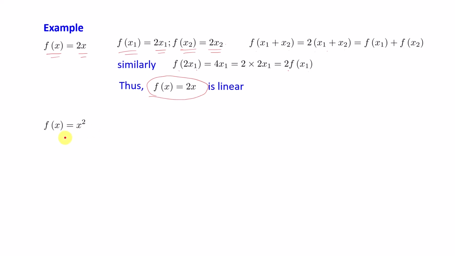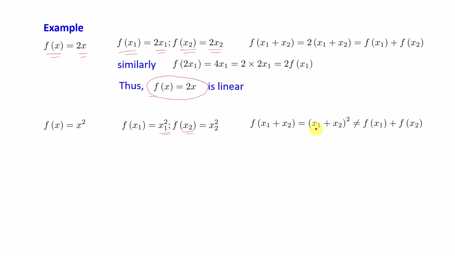Now we check one more. Another type of machine where f of x is x square. I give an input x, and the machine gives me the output of its square. So f of x1 gives me back x1 square, and for x2 it gives back x2 square. The input x1 plus x2 will give back x1 plus x2 whole square. Well, f of x1 plus f of x2 is only x1 square plus x2 square.